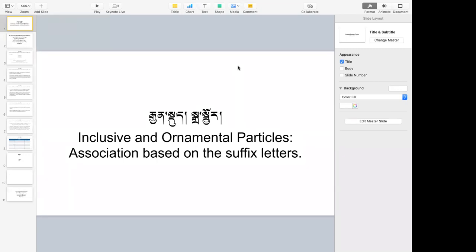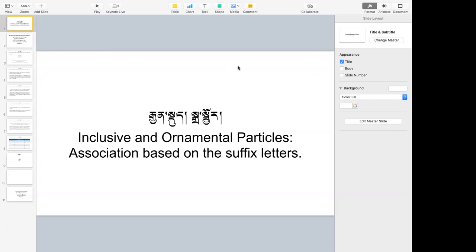So today we're going to discuss this very portion, which is the association based on suffix letter. So inclusive and ornamental particles associated based on the suffix letter.